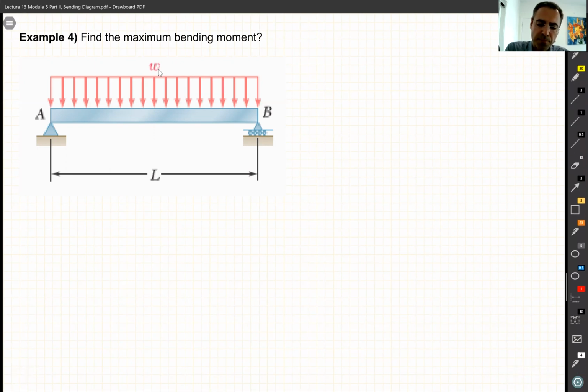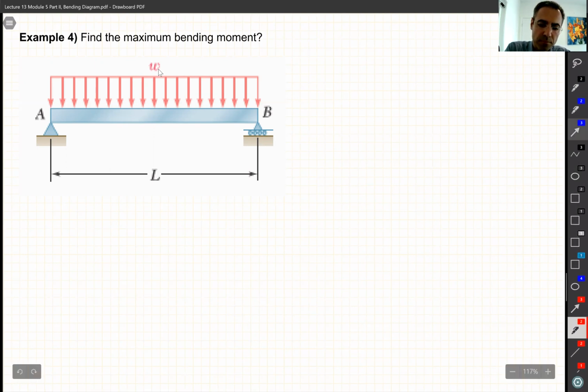So the first step, we find the reactions at A and B. Let me draw the free body diagram next to it so the image doesn't get messy.